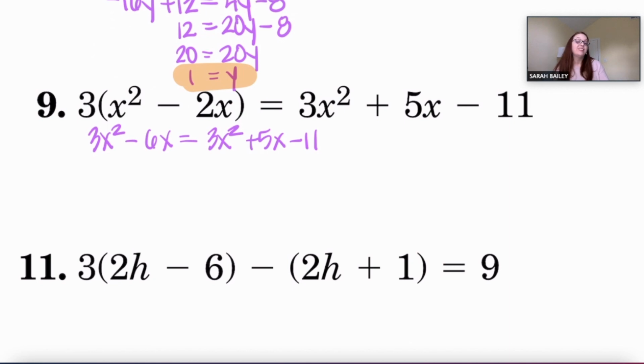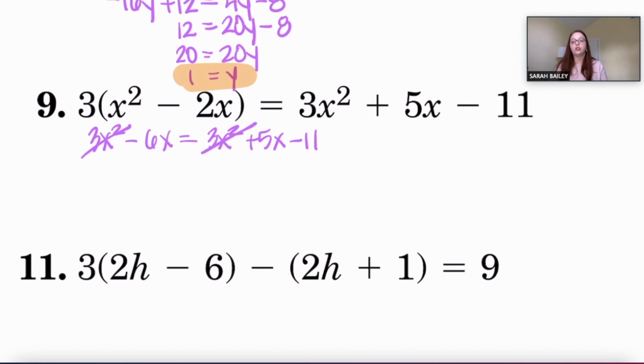Okay, on the left side, there are no like terms that can be combined. And on the right side, there are no like terms that can be combined. But notice you have x squared terms on both sides of the equation. If I subtract 3x squared from both sides, so like if I subtracted 3x squared from here, I'd have to also do it here, which means they just cancel out.